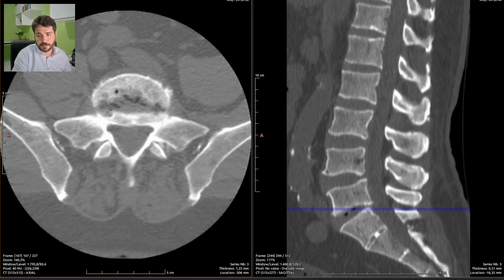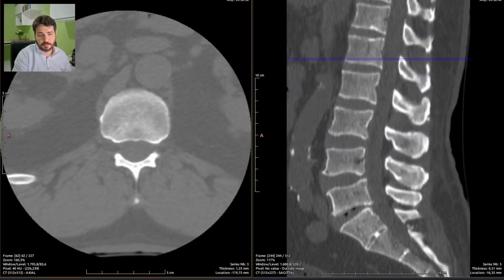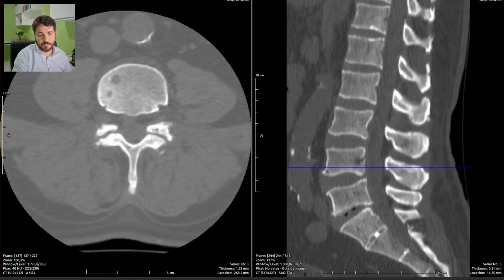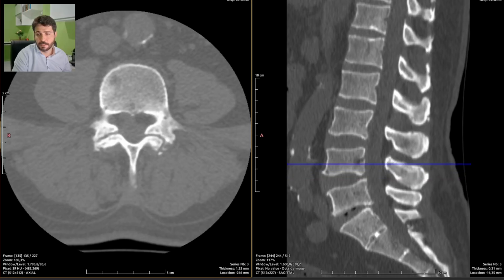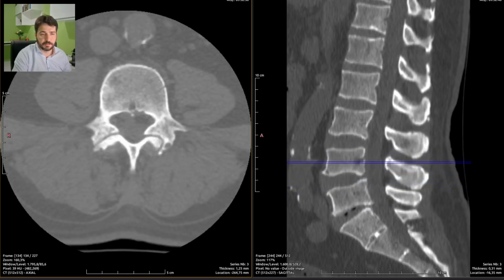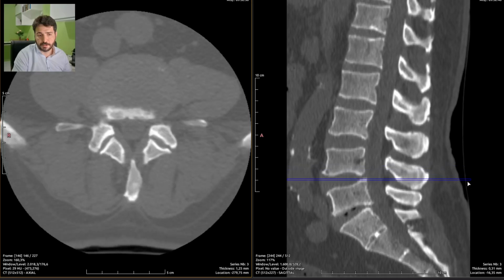And of course we have those fractures with pseudoarthrosis, which are spondylolisthesis, and we have a moderate case of facet joint arthrosis. So let's go. There is hypertrophy, there are osteophytes, and there is reduction in the interarticular space, and also subchondral sclerosis.